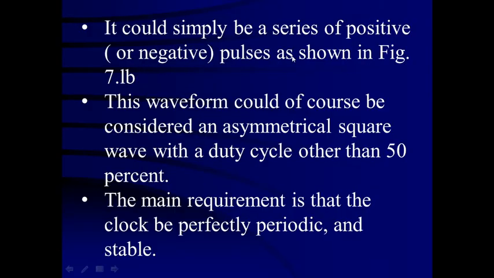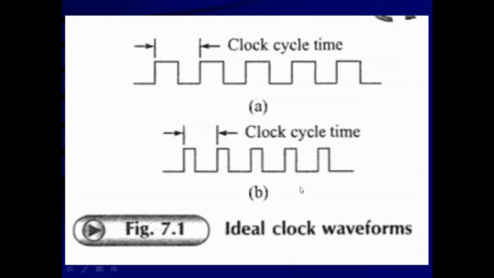It could simply be a series of positive or negative pulses as shown in the figure. In this particular case, a positive waveform is shown. That means the low level corresponds to 0 volt and the high level corresponds to plus 5 volt.